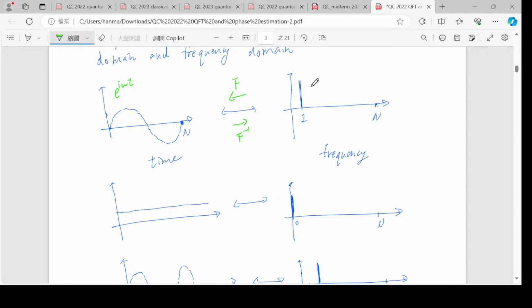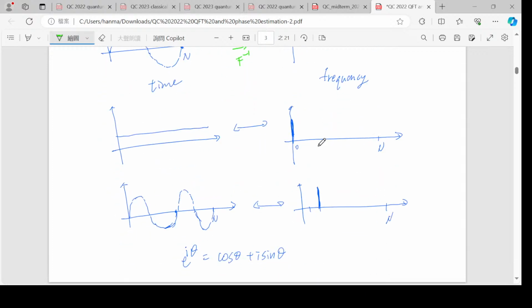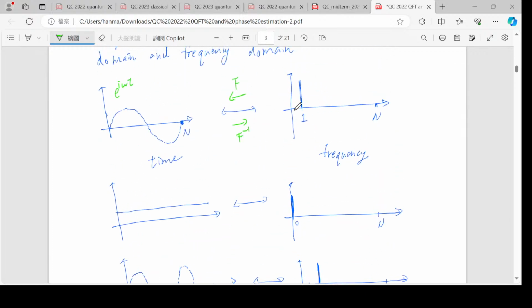So, actually we are defining f this way. It's like saying we have a signal with only frequency 1 here, and when we transform to the time domain, it will be a sinusoidal function with frequency 1.